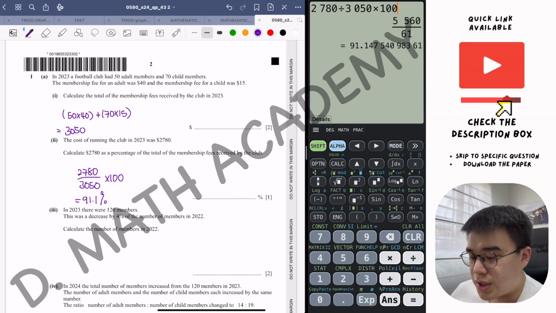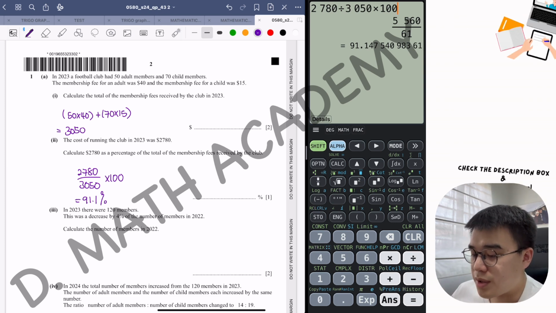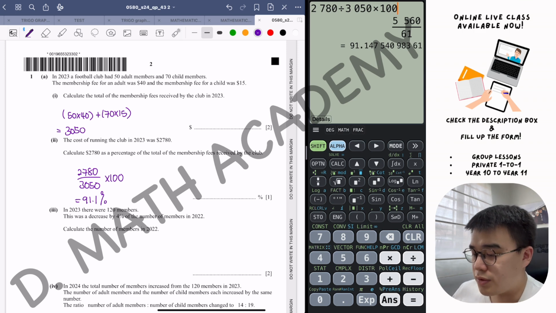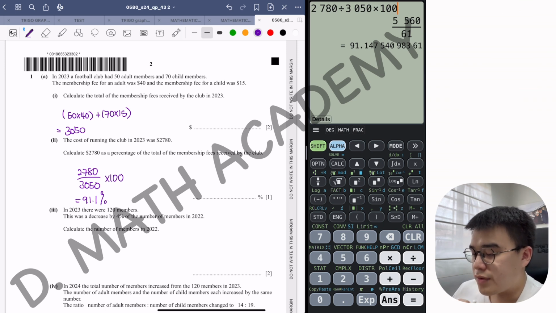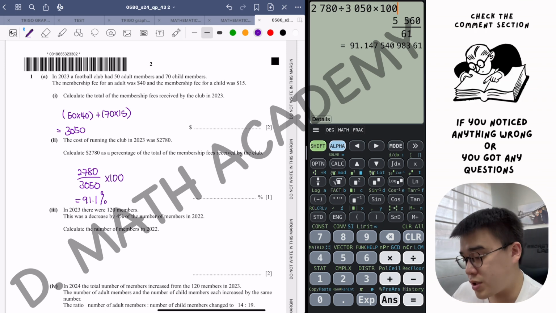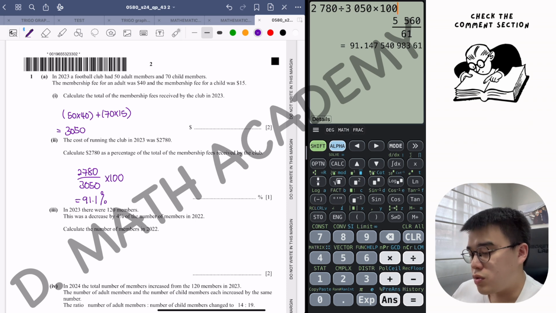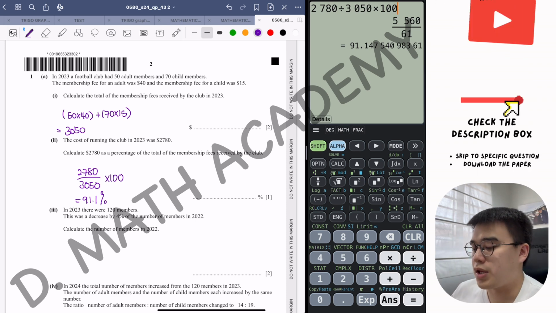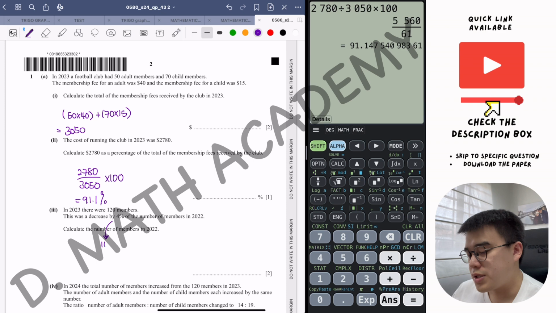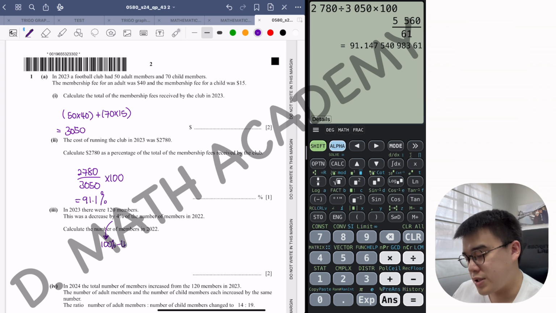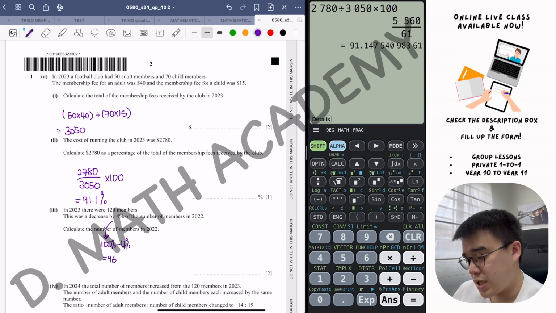Moving on to part 3, in 2023 there were 120 members. This was a decrease of 4% from the number of members in 2022. To address this drop of 4%, instead of having 100, it is now 96.